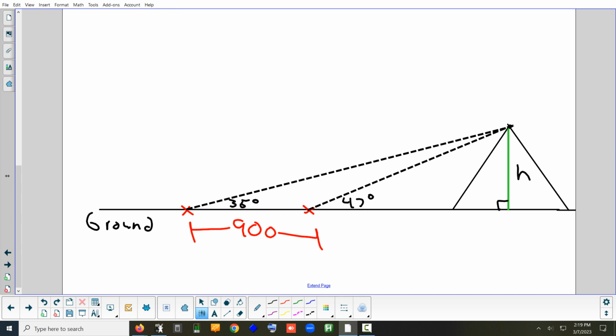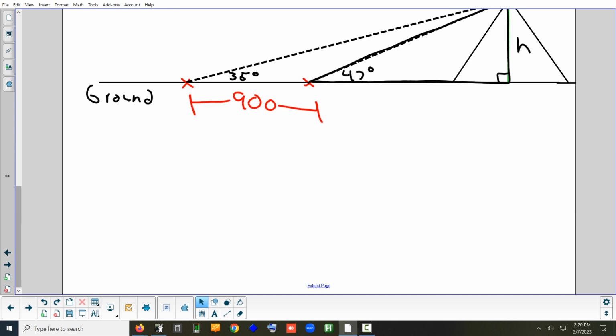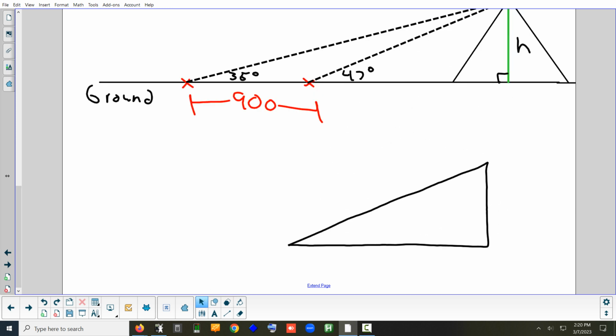All right, so we've got a couple different triangles here. Let's look at this one first. What I'm going to do is I'm just going to trace over this. I'm going to pull that triangle down so I can focus on just looking at that. Okay.